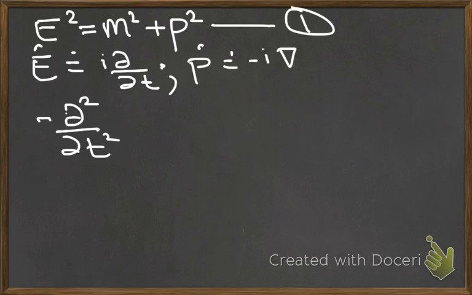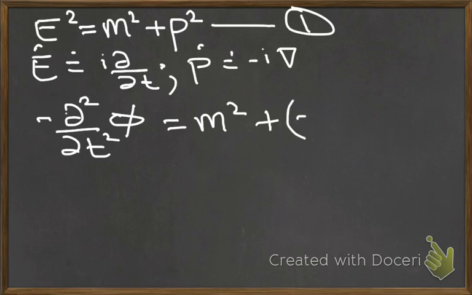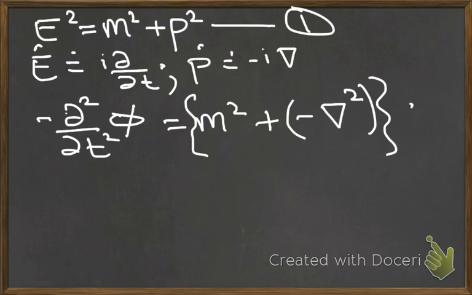And now this will act not on a wave function but on some scalar field that I'll call phi. And that is because we're talking about relativistic quantum mechanics. Now, all of this will be equal to m squared plus the quantized value of momentum squared, which will be again negative gradient squared, and then all of this times some scalar field phi.